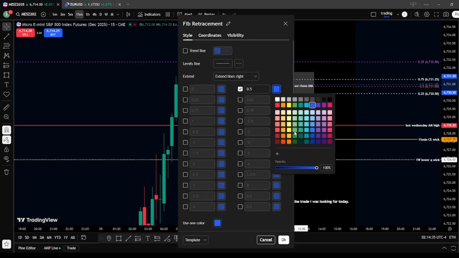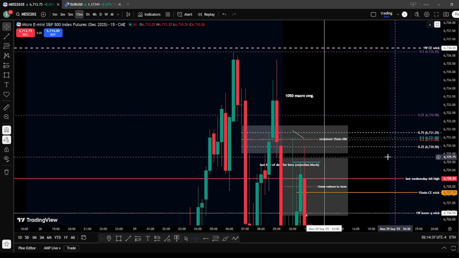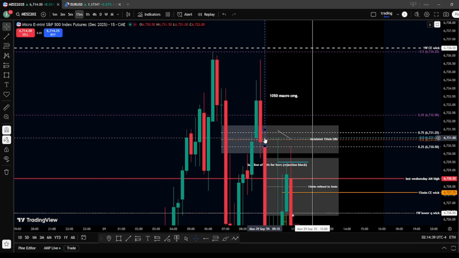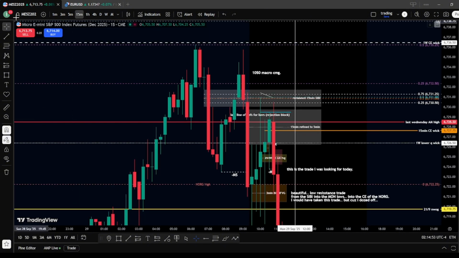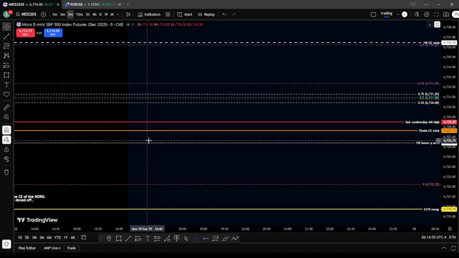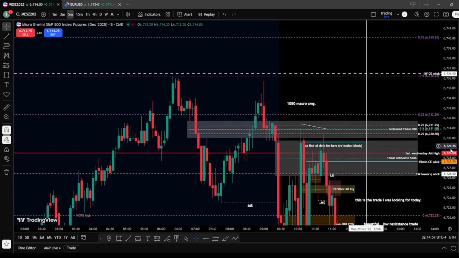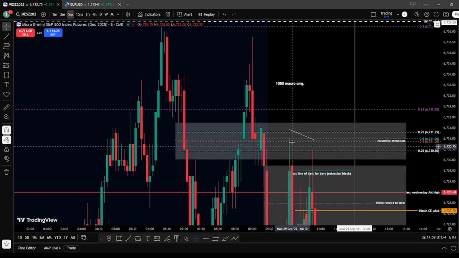So this is the 15-minute CE wick. Bam, bam. See here? Beautiful. Stops dead here, rejects lower. That already tells me that is a very nice reaction. And basically, if you look here, bam, stop dead, the 15-minute CE wick.